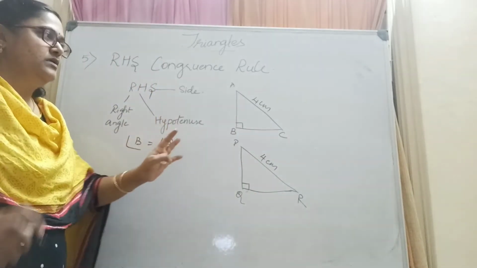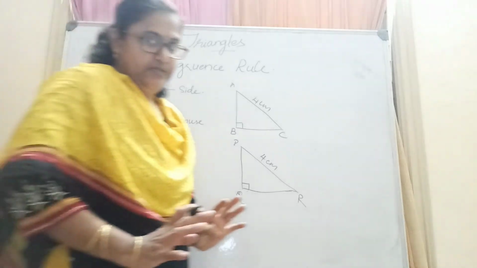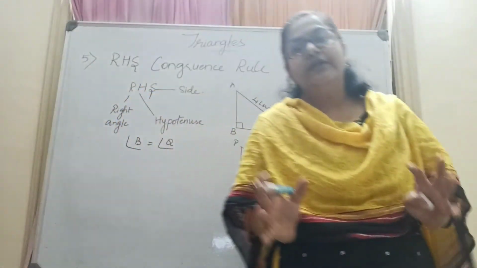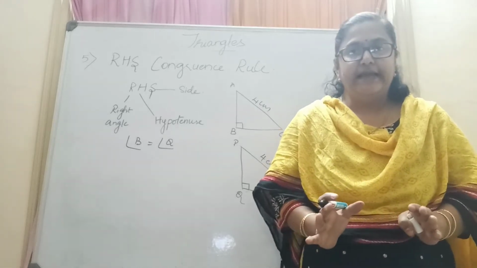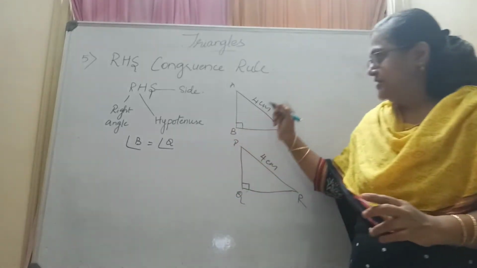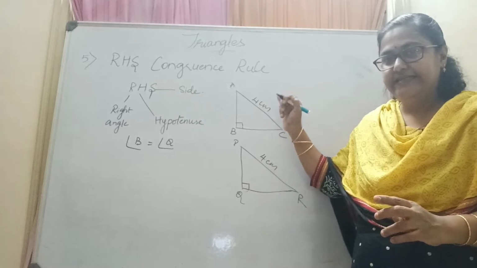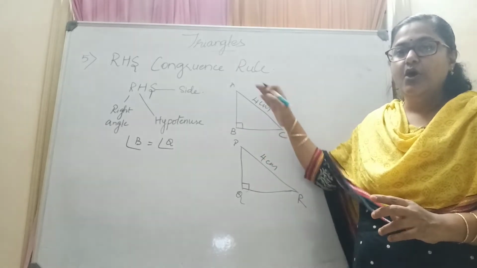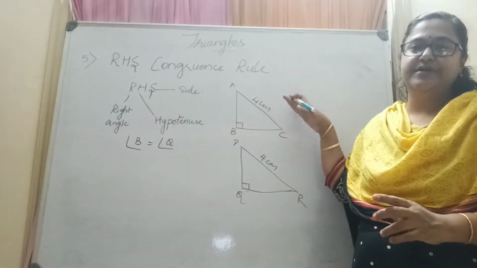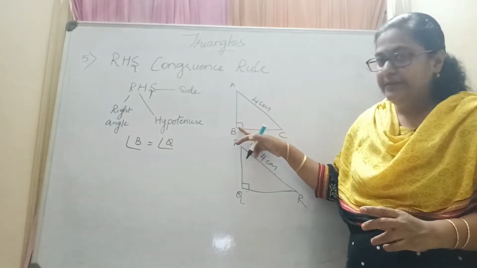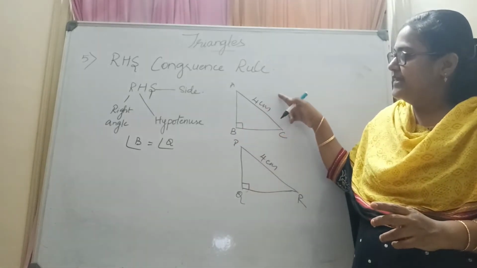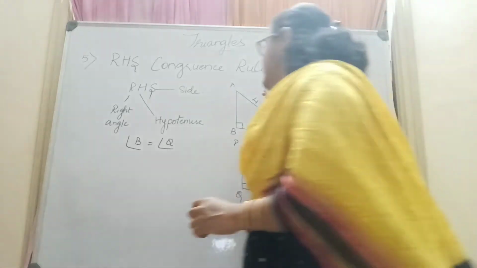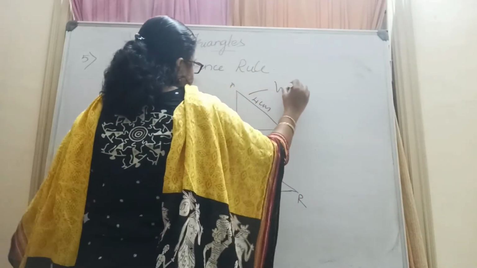Before talking about the equality of hypotenuse, what is hypotenuse in a right triangle? In a right triangle, the side opposite to the 90 degrees is the hypotenuse, or the longest side is the hypotenuse. Now in this, angle B is 90 degrees. The side opposite to angle B is AC. So AC is the hypotenuse.